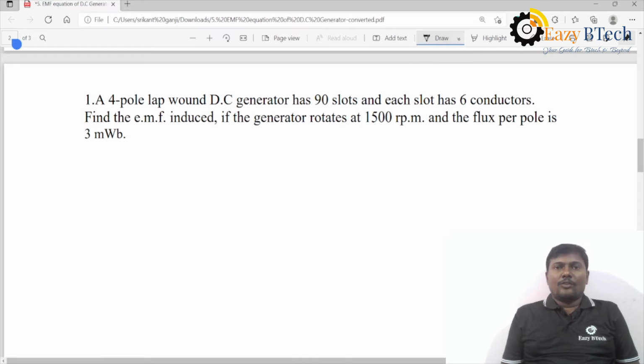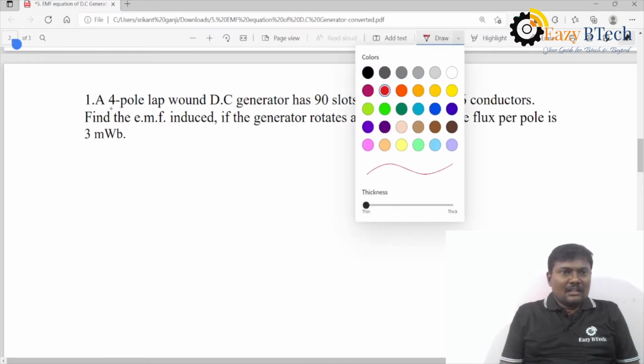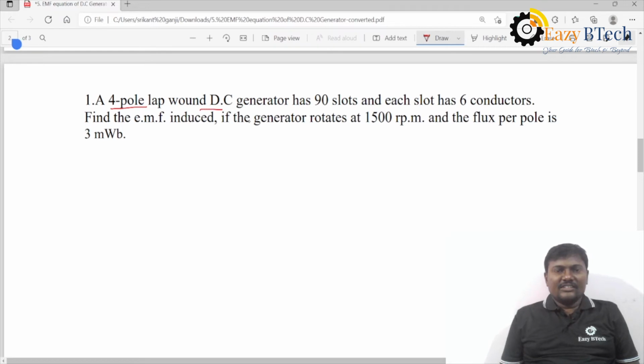So this is the one problem. A 4-pole lap wound DC generator has 90 slots and each slot has 6 conductors.